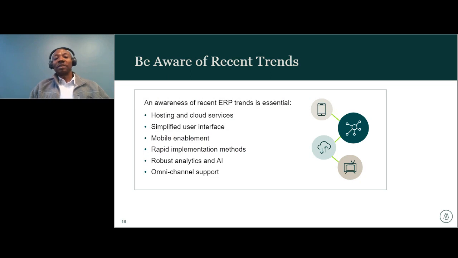Another trend is vendors have made systems more user-friendly with a very simplified, easy-to-use user interface. A third trend is the extension of ERP systems to mobile devices for easier access. Vendors also now embrace rapid implementation methods to allow faster, cost-effective deployments.